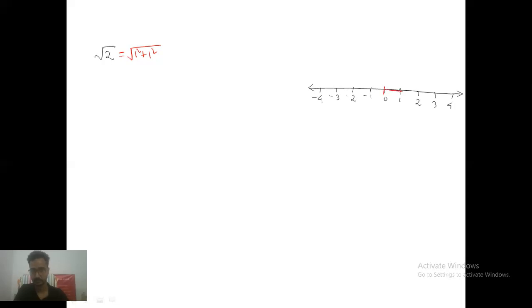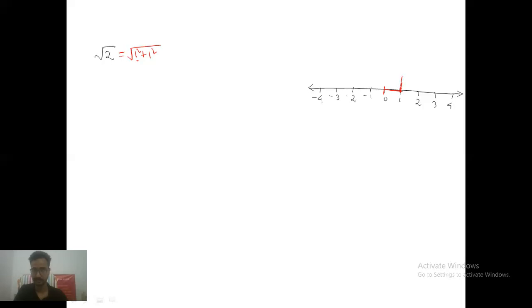Then on this point, you have to draw one perpendicular of 1 unit. You can take any measurement, but for our convenience, you can take 1 centimeter equal to 1 unit. So draw one perpendicular of 1 unit.